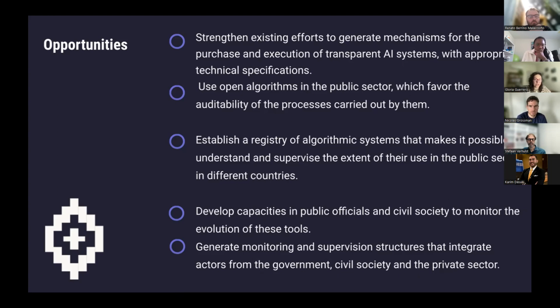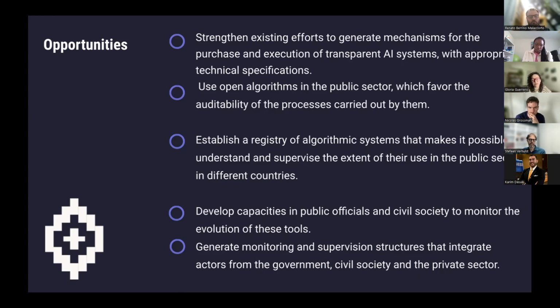Also, the use of open algorithms in the public sector, and this will benefit the auditability of the processes. So it's something to keep an eye on too. Establish a registry of algorithm systems that are being used by the government, and make a benchmark across countries. That can be another idea.